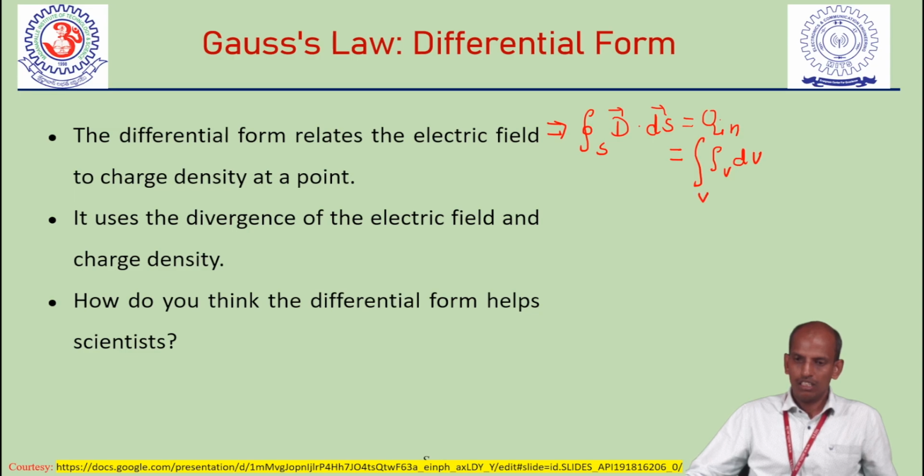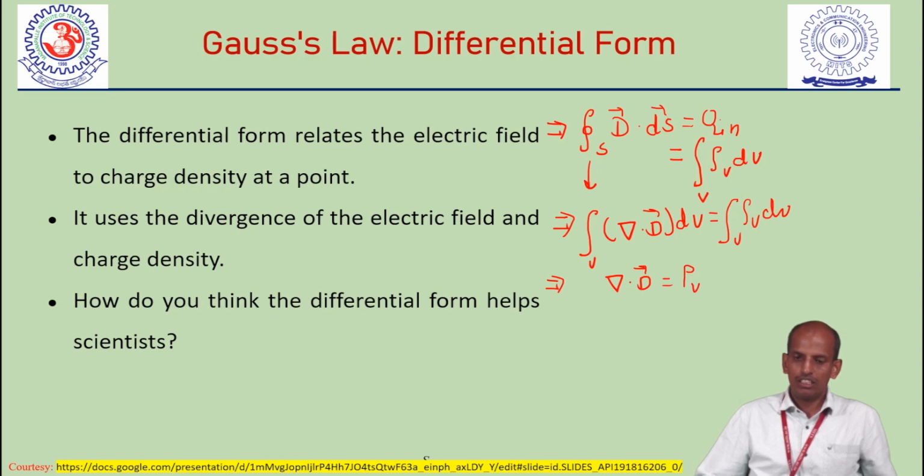And if I apply the Gauss divergence theorem, which is a well-known theorem, and both are equal, then del dot D is rho v. That's a very useful relation.